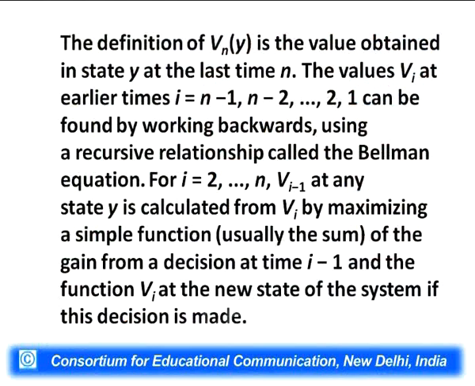So, this says that if we are taking a decision, V(i minus 1), which is one step prior to Vi, at any state y is calculated from Vi by maximizing a simple function, usually the sum of the gain from the decision at time i minus 1, because now we are getting the value at V(i minus 1), and then we will consider the state also i minus 1, and the function Vi at the new state of the system if this decision is made.